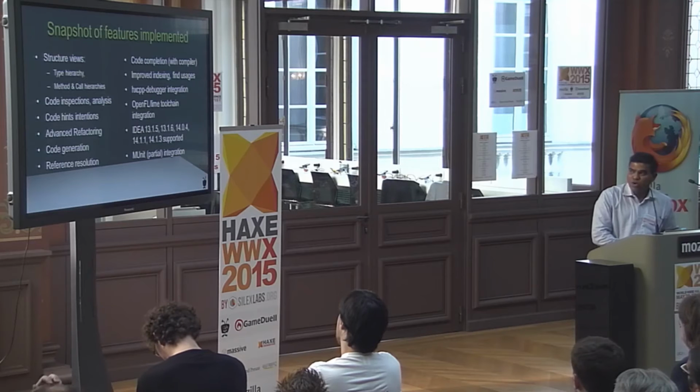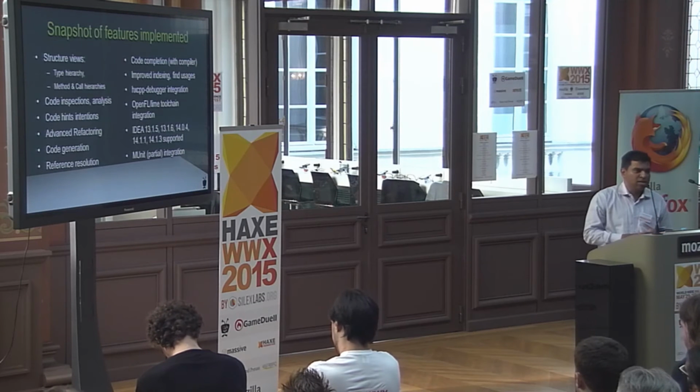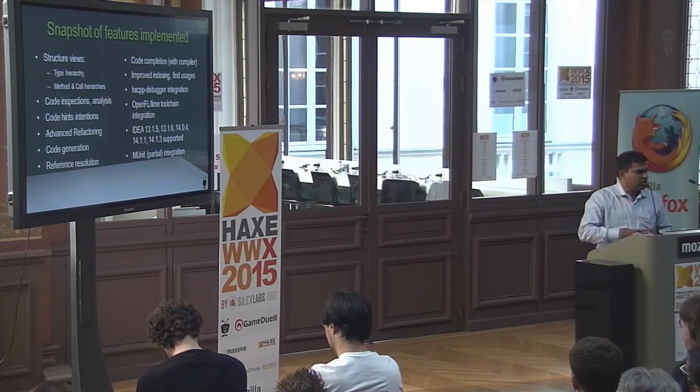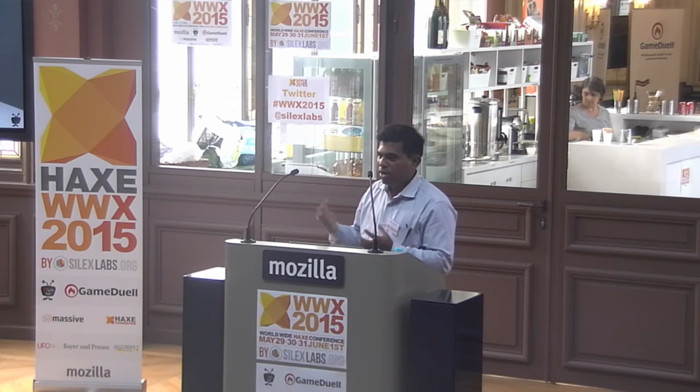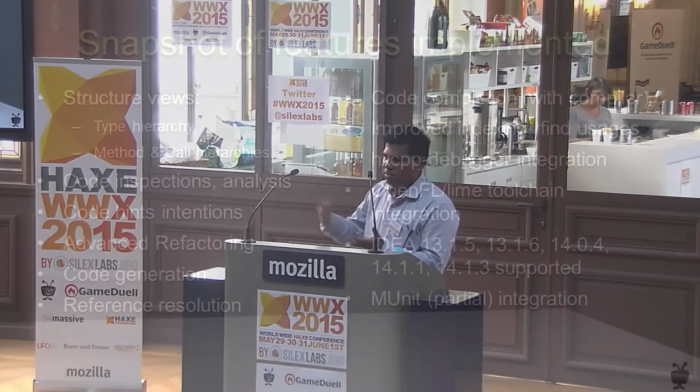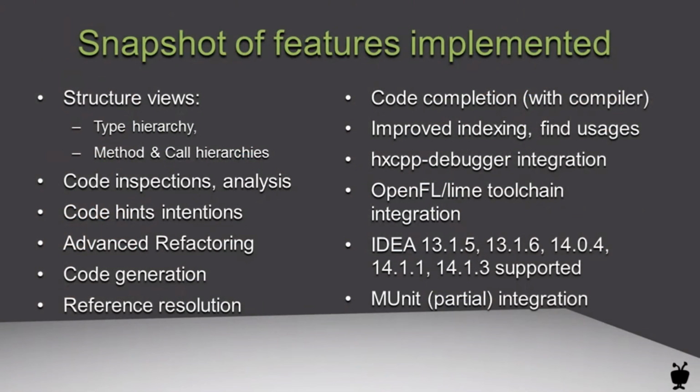Also code generation like getters and setters, and if you are implementing an interface, it automatically populates all the methods for you. If you are implementing an abstract class, it overrides some methods for you. You can pick which ones, and it generates constructors. The reason I'm putting this on the slide is these were not functional before. Now they're all functional.